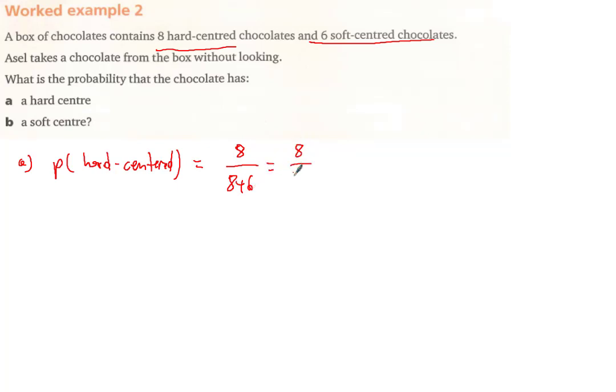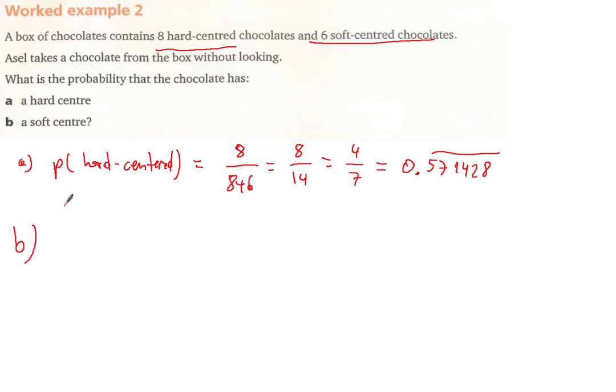That means 8 over 14, which we can leave as it is or cancel to 4 over 7. And we can convert it into decimals, 0.571428, if I'm not mistaken.